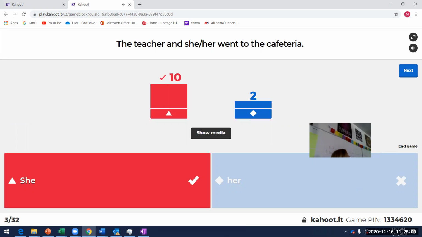All right, so it should be the teacher and she. Does it need to be nominative or objective? What do you think it is? It's nominative because she is part of the subject. Again, you can isolate: she went to the cafeteria or her went to the cafeteria. It would be she went to the cafeteria. So she is correct.